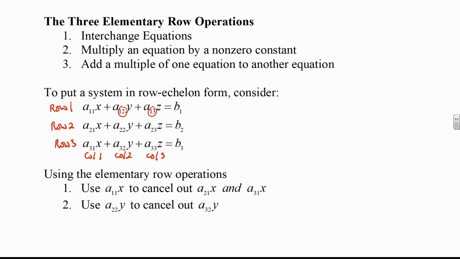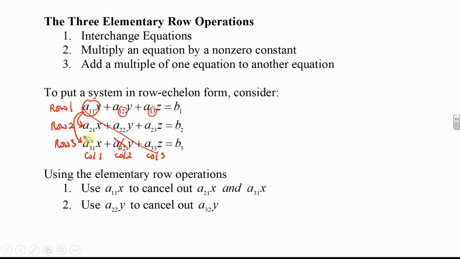So use the elementary row operations. The goal, remember, is to get this into the so-called stair-step pattern. I want to have something like that where, if possible, I cancel this term, cancel this term, cancel that term. So I tell you here, use A11, that is, use this position to cancel out this term and use that one to cancel out that.